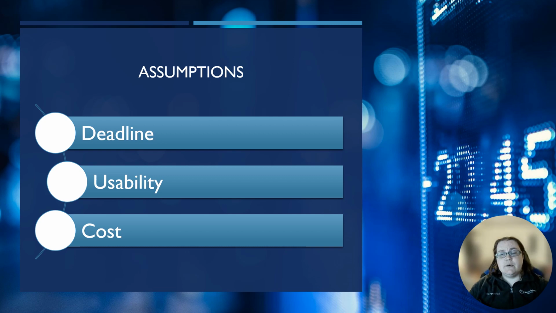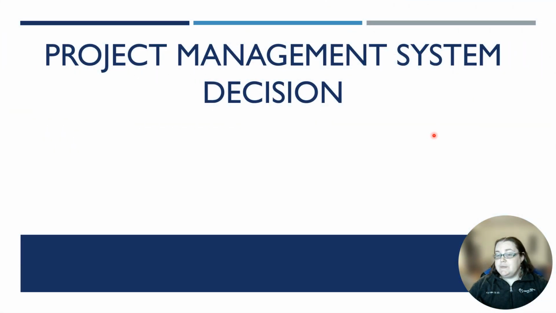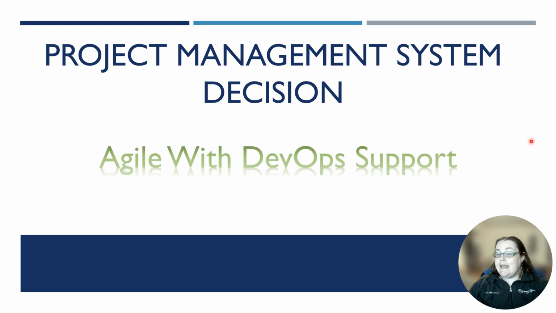Given all of these parameters, there really is only one that we can decide on, and that makes itself a clear winner. The project management decision that we have elected to go with is an Agile development with DevOps support.